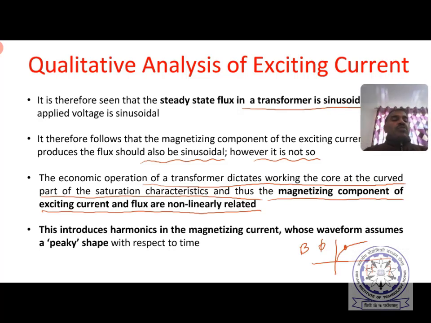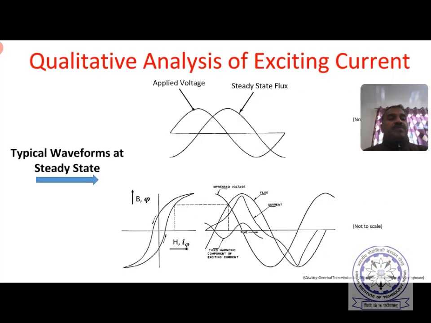Therefore, even though phi is sinusoidal, I will not be sinusoidal. That's what it implies. How, we will see soon. How to find out the current also we will see. This introduces harmonics in the magnetizing current, whose waveform assumes a peaky shape with respect to time.